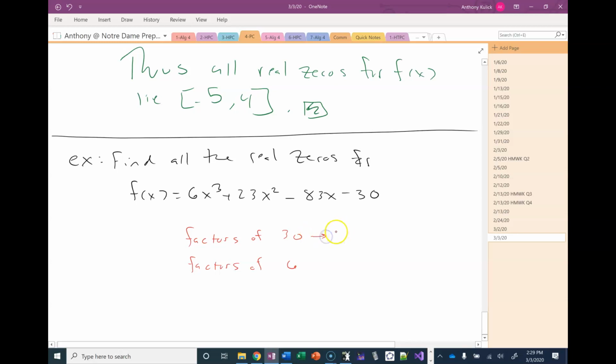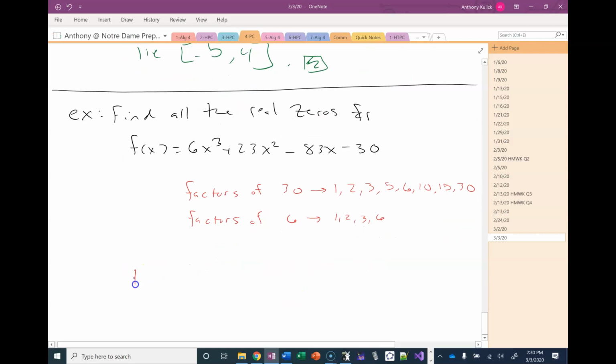So what are the factors of 30? 2, 3, 5, 6, 10, 15, and 30. What are the factors of 6? Okay. So if I want my possible rational zeros, there's going to be one heck of a list, right?